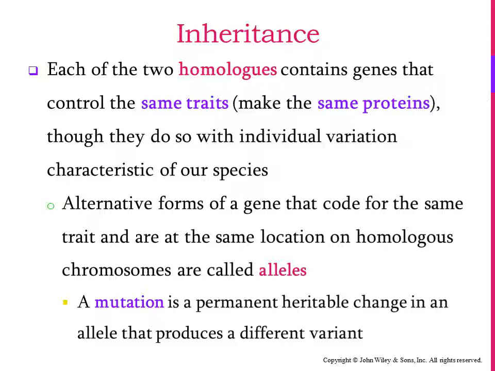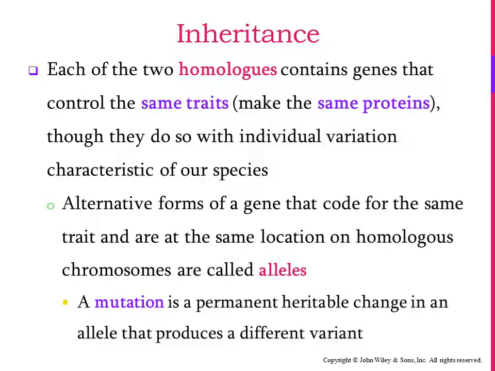So an allele is an alternative form of the same gene. Earlier we used the example of eye color. Eye color would be the trait, and there's different forms of the eye color. Blue versus brown or green, or variations of those colors.